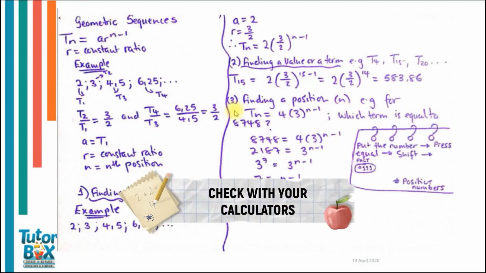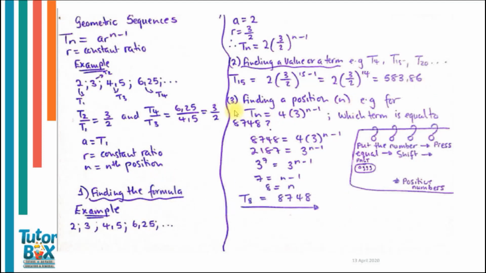And then the last one, they can ask you to find a position. For example, let's say they give you this general formula: Tn is equal to 4 times 3 raised to the power of n minus 1. And then the question asks, which term is equal to 8,748?